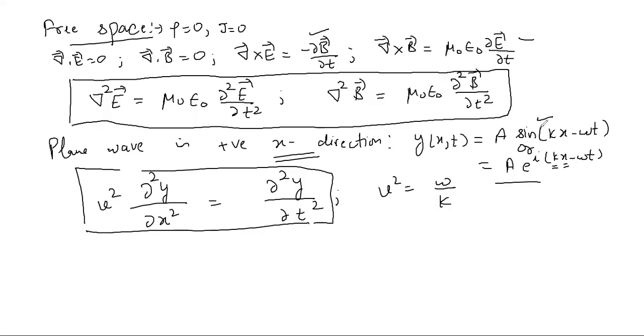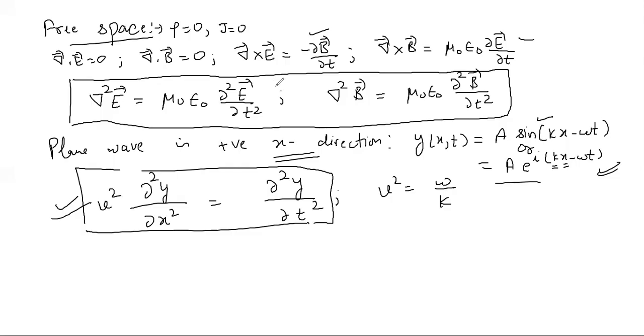And I'm claiming that you will get this expression. If you still haven't done that, please go back and do it again. Now, this was for your plane wave, which was traveling in one dimension, right? And we said that if I get a relationship between second order differentiation with respect to x and second order differentiation with respect to time, we'll have this relationship here.